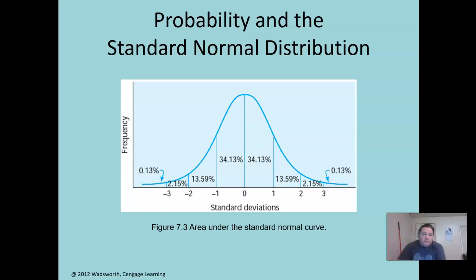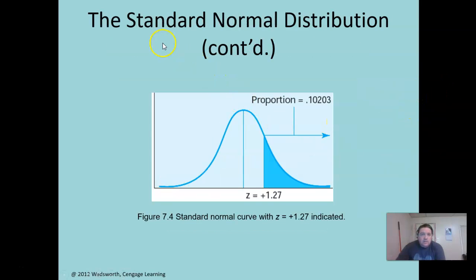Probability in the standard normal distribution. So when the standard normal curve with a z of plus 1.27 is indicated, the odds of it happening are indicated by the area underneath the curve.